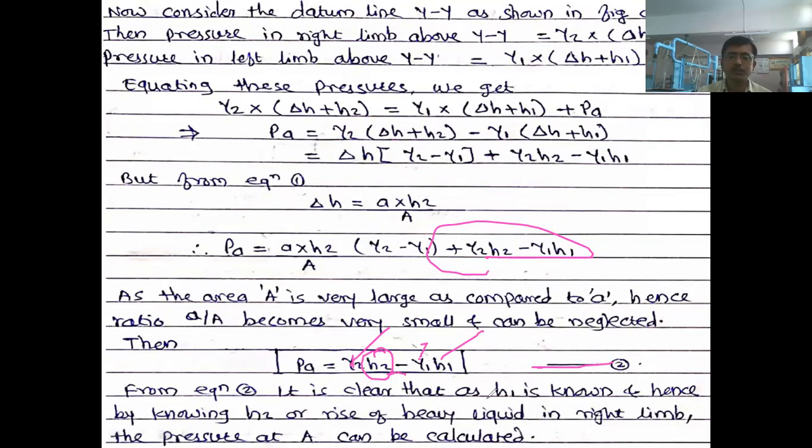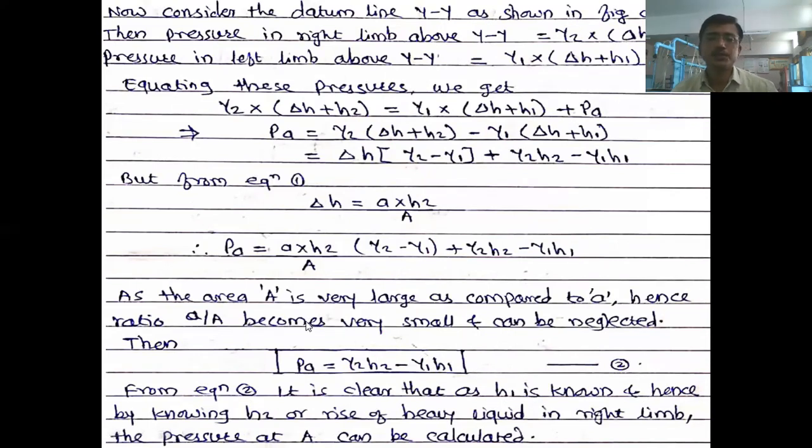From equation 2 it is clear that as H1 is known, by knowing H2, or the rise of heavy liquid in the right limb, the pressure at A can be calculated. Has everyone understood this? Yes, sir. This is the equation, PA is equal to gamma 2 H2 minus gamma 1 H1. So keep this equation in mind.